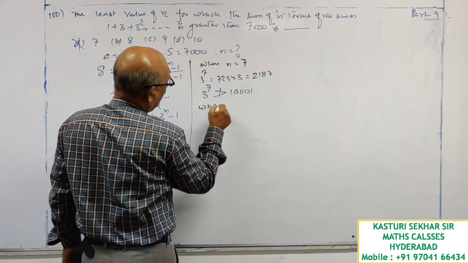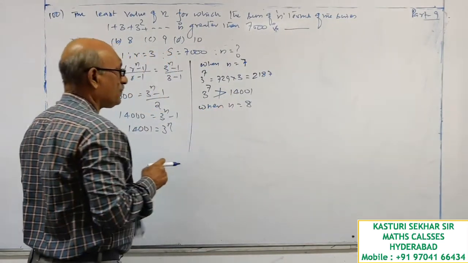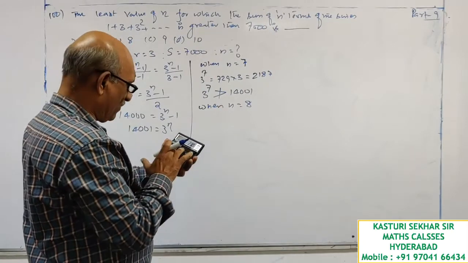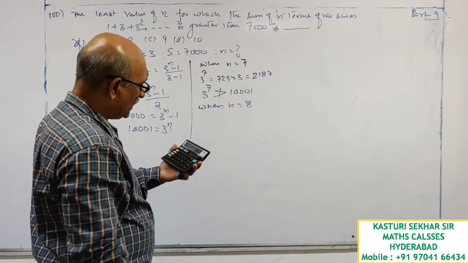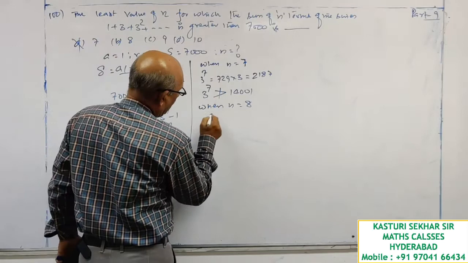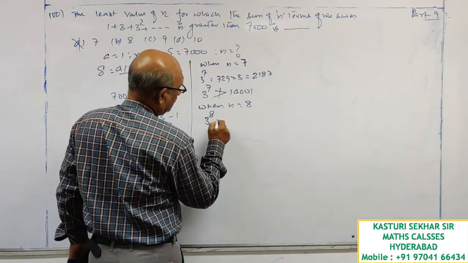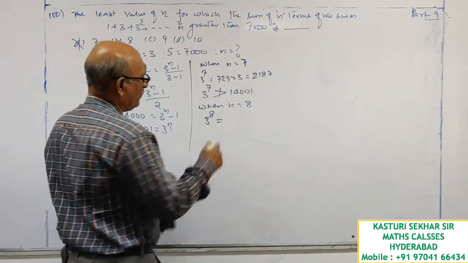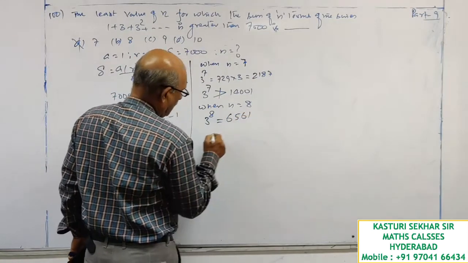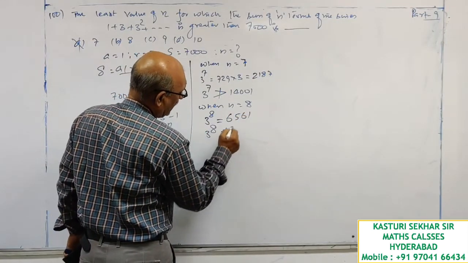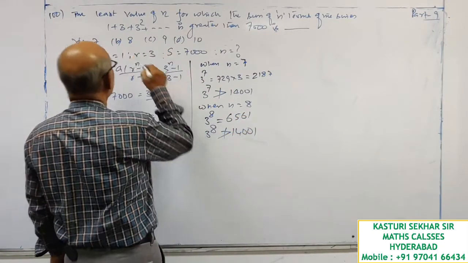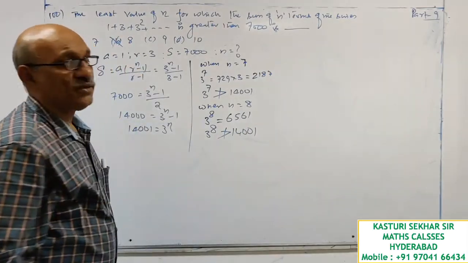Option B, when n is equal to 8, 2187 into 3 is 6561. 3 power 8 is 6561, so it is not greater than 14,001. Option B is the wrong answer.